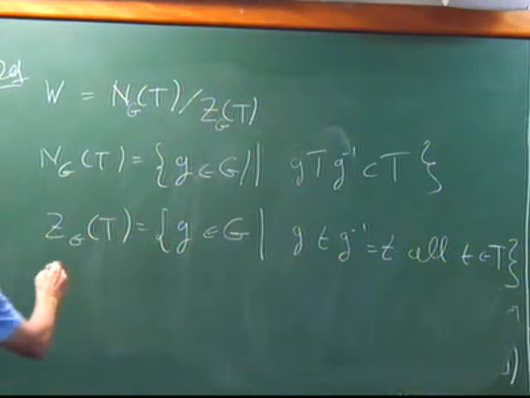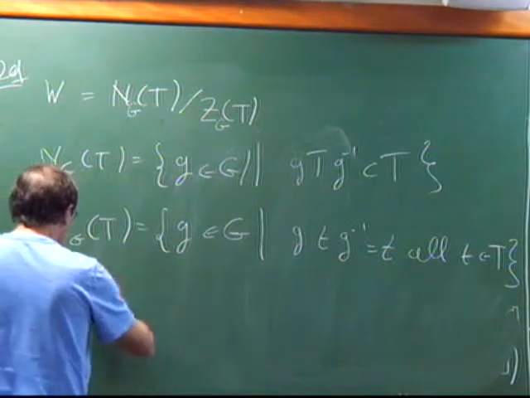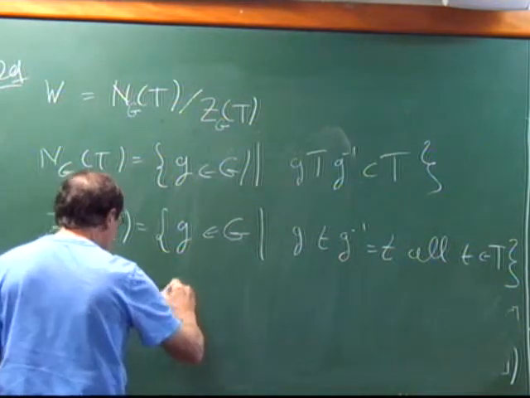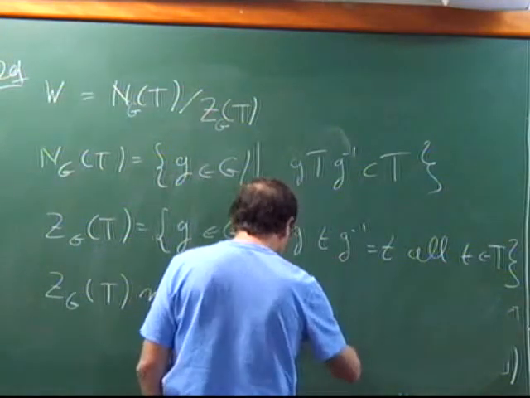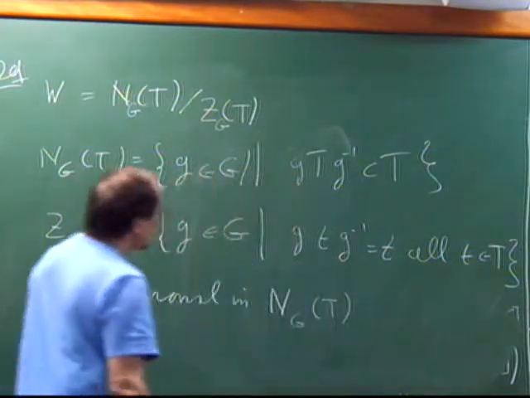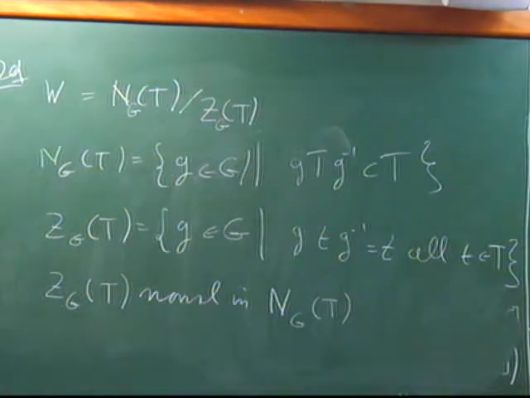For the centralizer here, in fact, the centralizer is normal in the normalizer. It's a normal subgroup. Conjugate with something that preserves the Lie algebra.